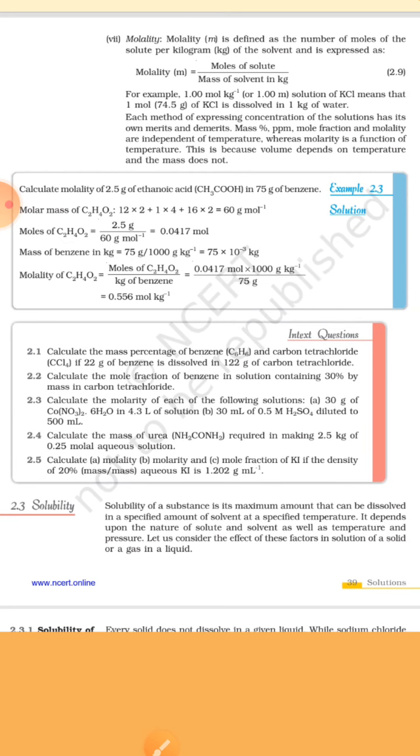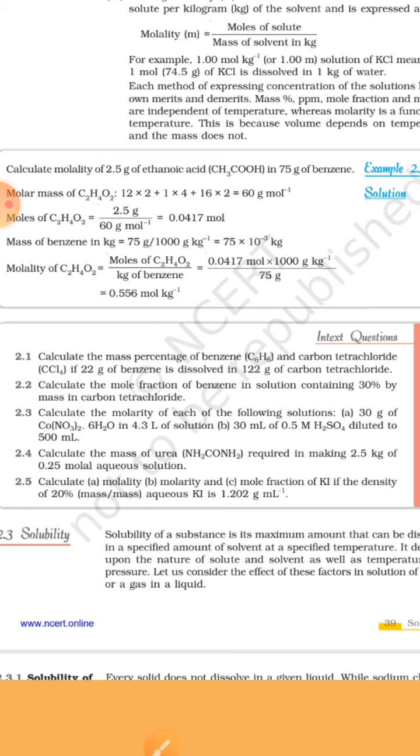Second, calculate the mole fraction of benzene in a solution containing 30% by mass of carbon tetrachloride. In a previous example we also solved this type of question. So in this question, at first we take the molar mass of both substances, that is carbon tetrachloride and benzene.